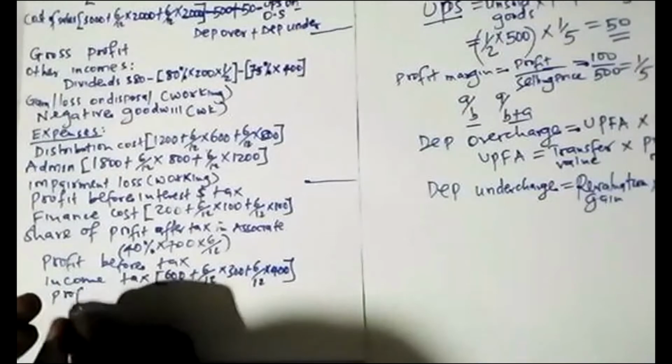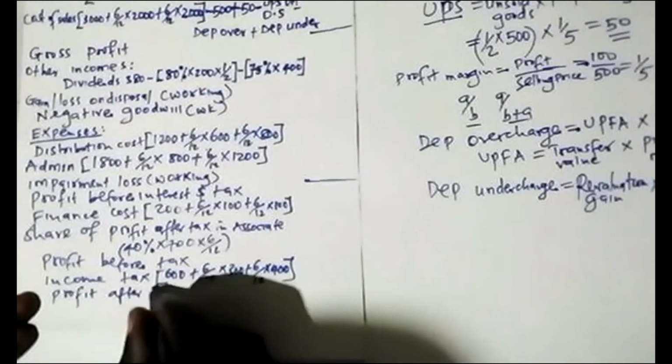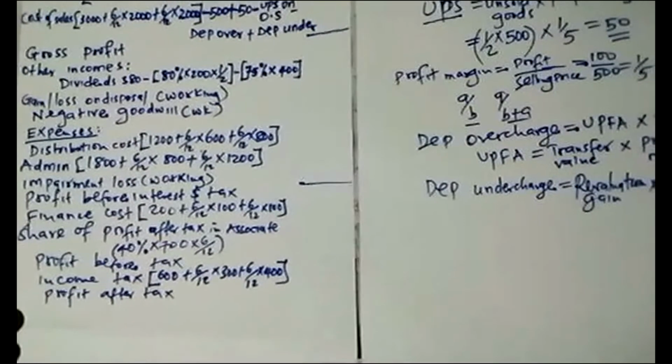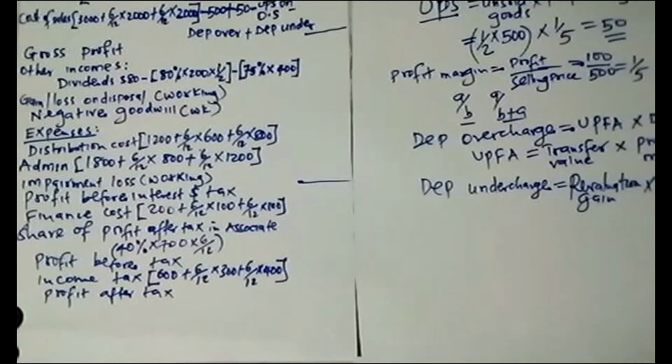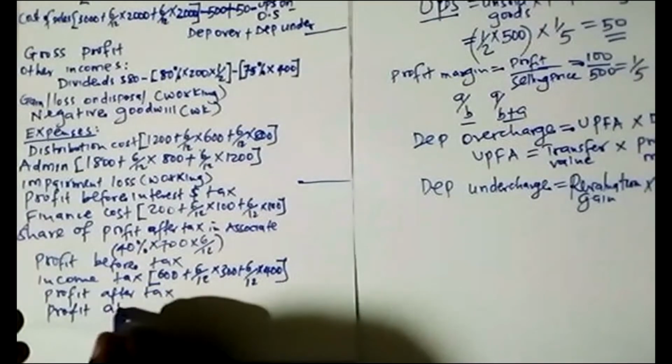So after getting profit after tax, then I will say profit attributable to the NCI.